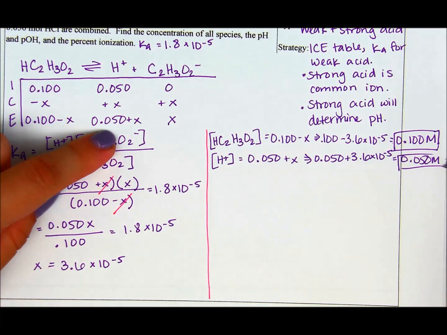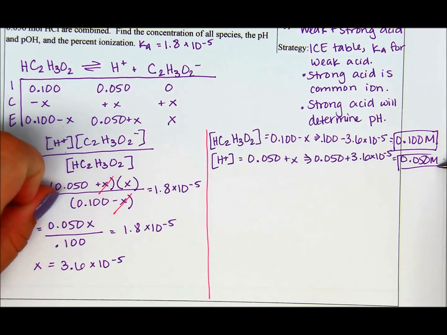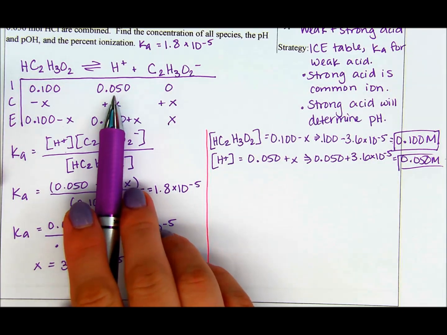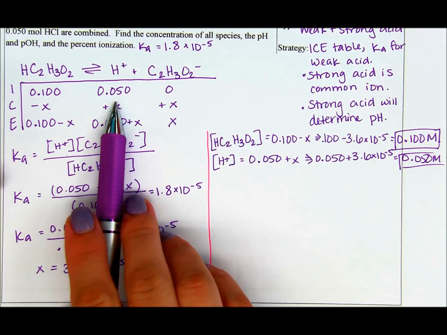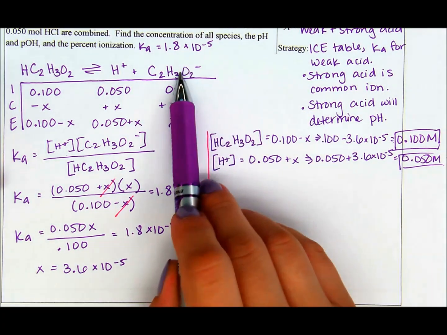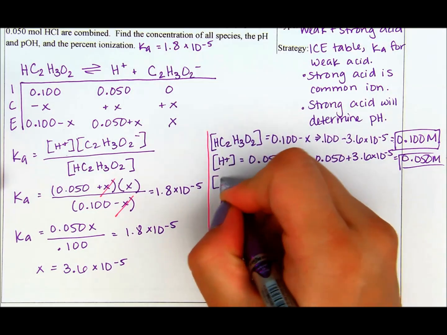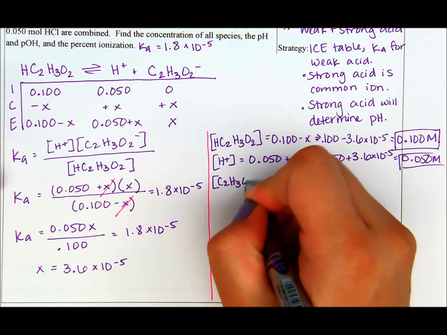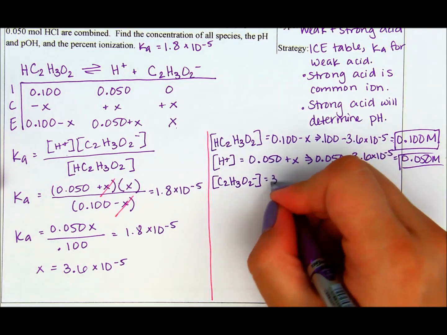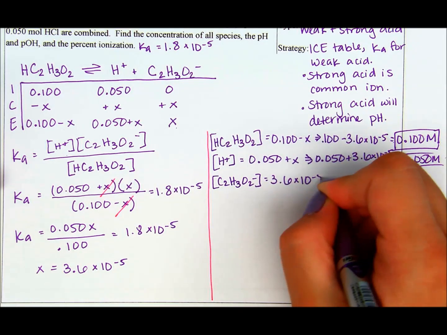So notice here that the number of hydrogen ions doesn't really change when you add acetic acid to it. It's all from the HCl that was originally there. It's all from that strong acid. So that's why we said before the strong acid will determine the pH. Let's go ahead and do our acetate, C2H3O2 minus, and that's just X, and that's 3.6 times 10 to the negative 5.